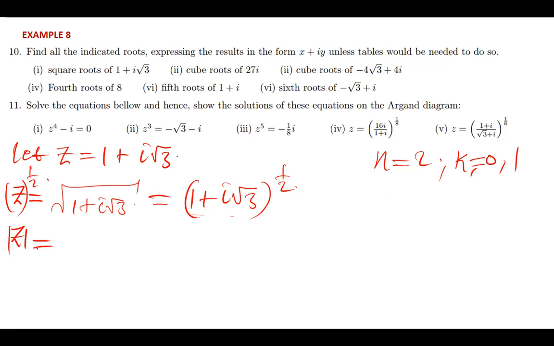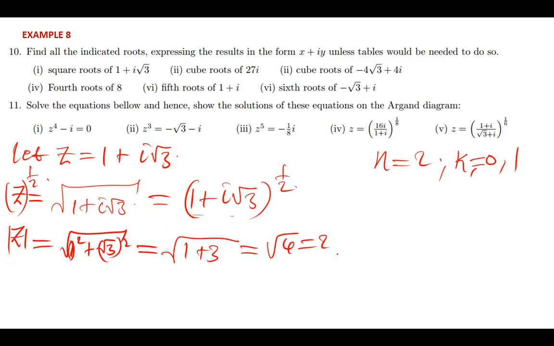The magnitude of z there is simply the square root of 1 squared plus the root of 3 squared, which gives us the square root of 1 plus 3, which is the square root of 4, which gives us 2. So the magnitude is 2, and then let's find the argument of z.